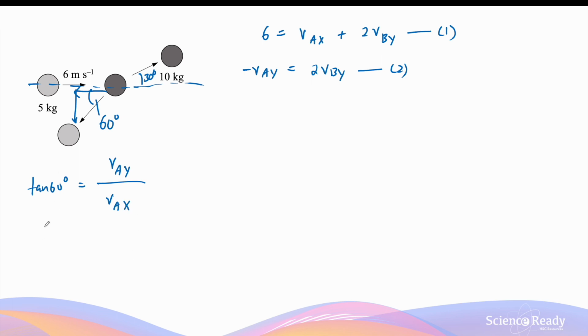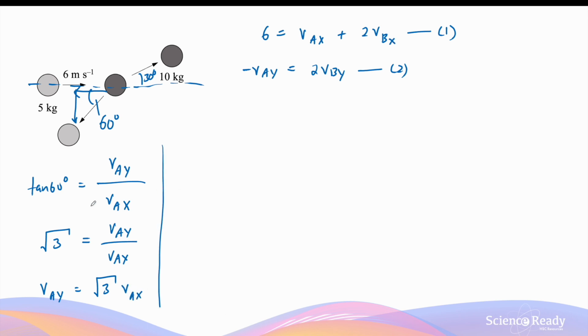Tangent 60 degrees simplifies to the square root of 3, and this is equal to Vay divided by Vax. So from this equation, Vay is equal to the square root of 3 multiplied by Vax. Now, I can construct similar equations for the velocity vectors for the 10 kilogram ball.